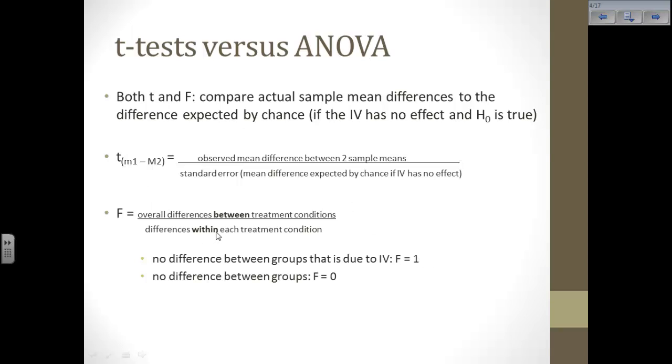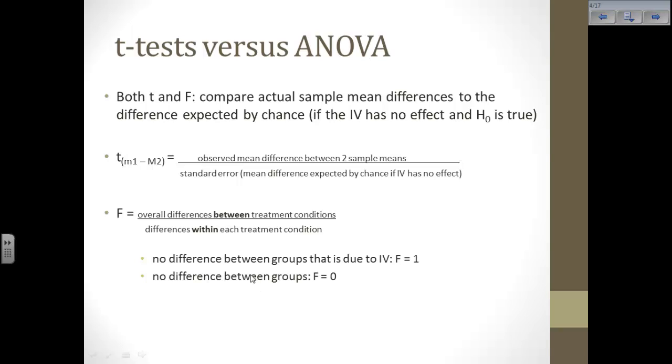And then the differences within are just the variability due to random differences. So if the variability due to the independent variable is none, 0, then you end up with an F statistic that's the variability due to random differences divided by the same variability due to random differences, and any number divided by itself gives you 1.